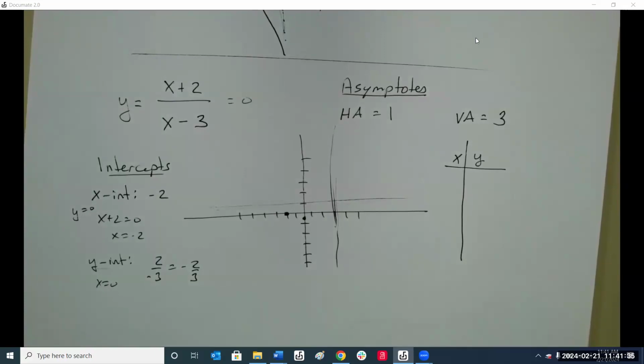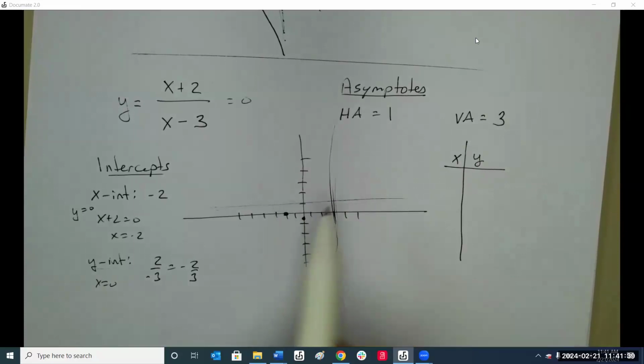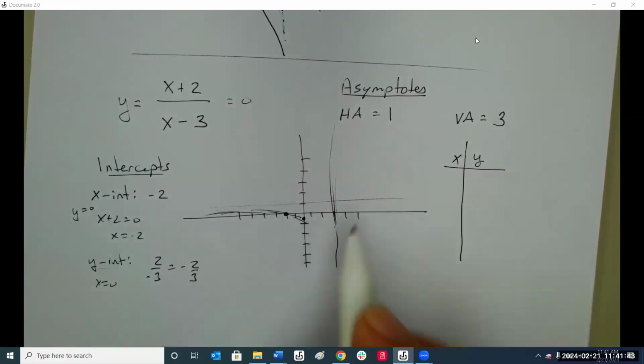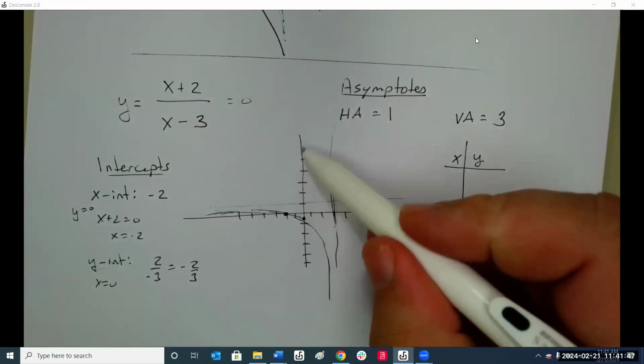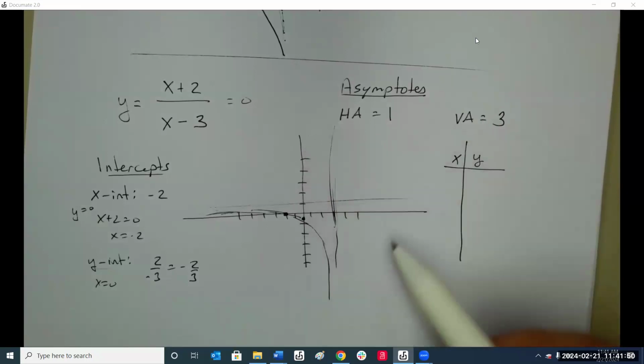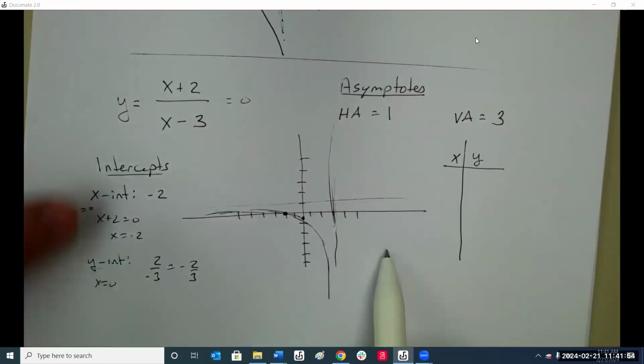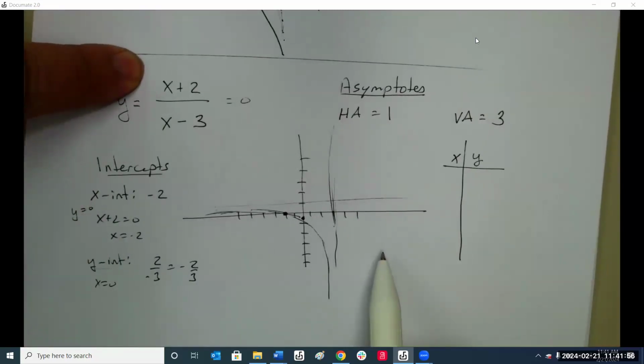Not going further, I can pretty much just tell you what the graph's going to look like. Since we know these points are here, it's got to cross those. There can't be another graph up here. So it's either going to be here or here. We know it's not here because it's not an even function.